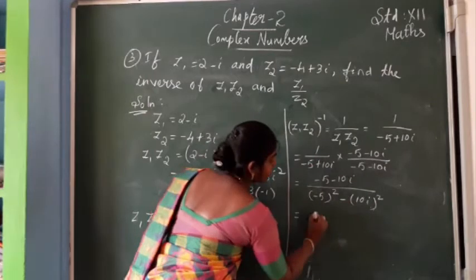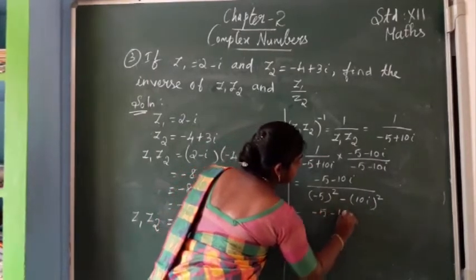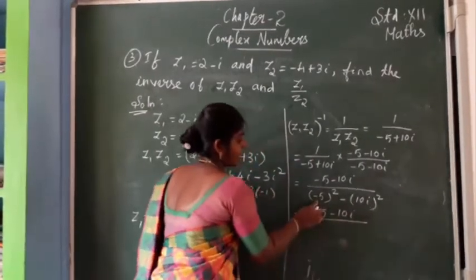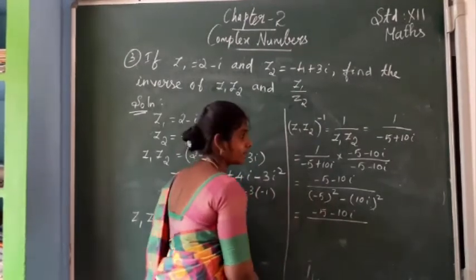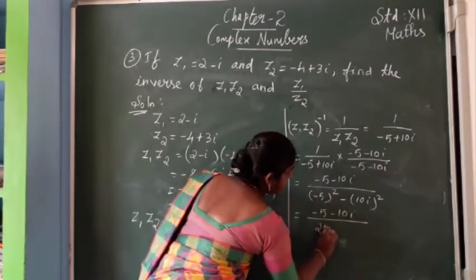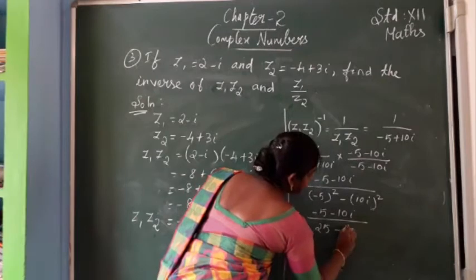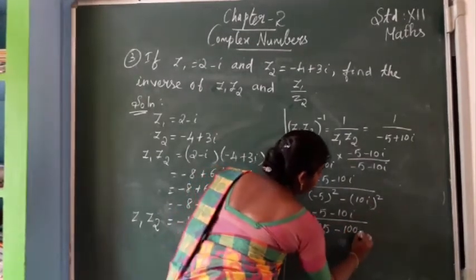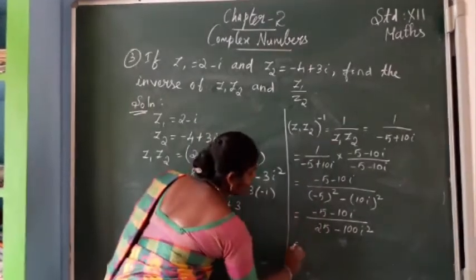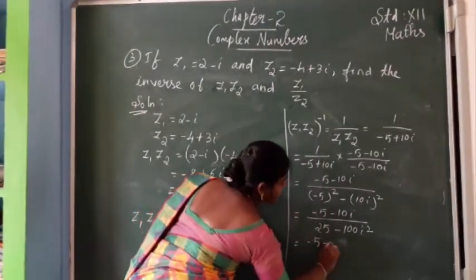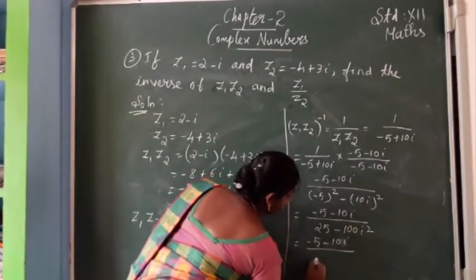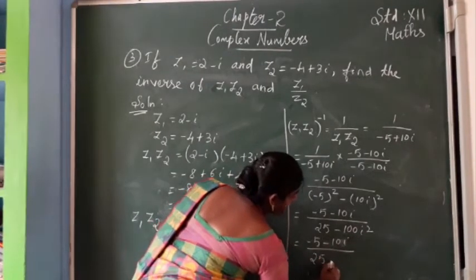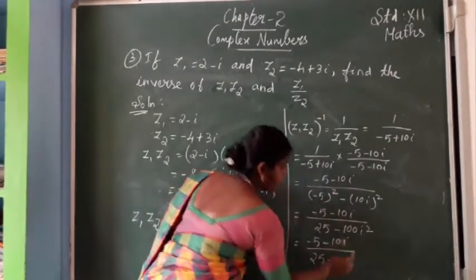That's equal to minus 5 minus 10i divided by, minus 5 the whole square, the value is plus 25, 25 minus 10 square, the value is 100, 100 i square. That's equal to minus 5 minus 10i divided by 25 minus 100 i square, i square is minus 1.